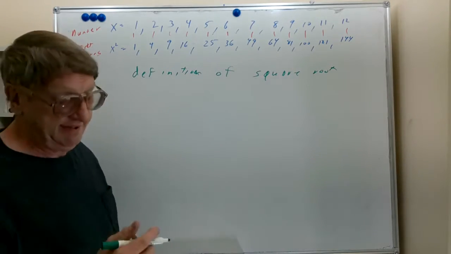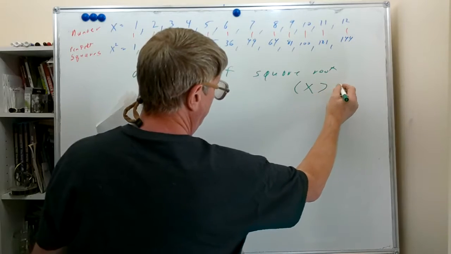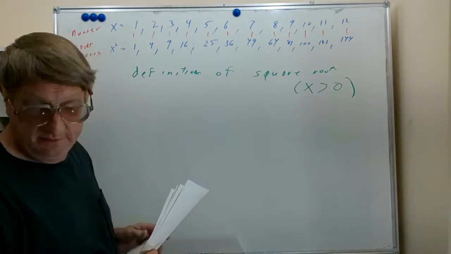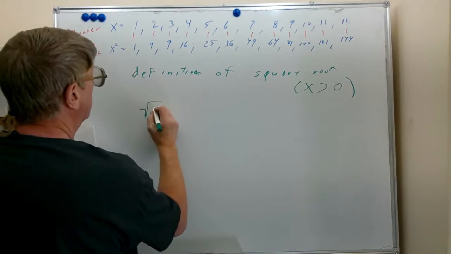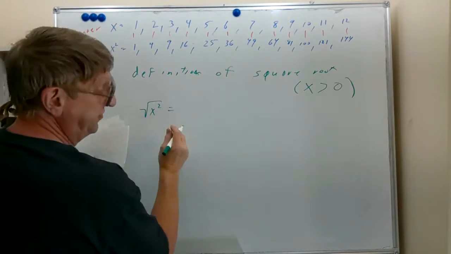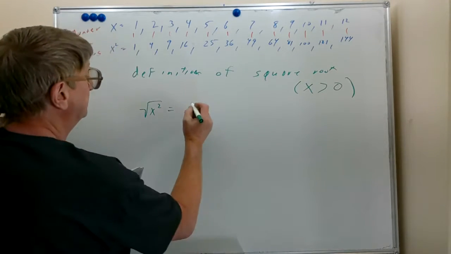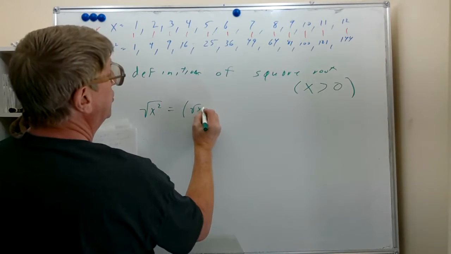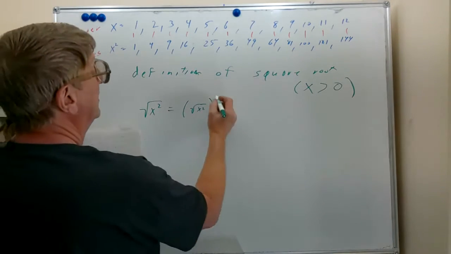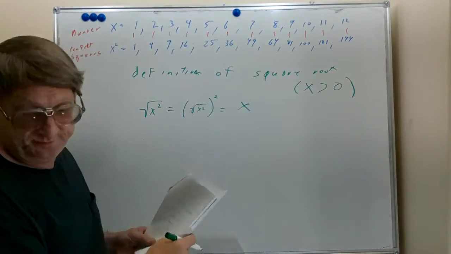It says, in cases where x is greater than 0 with positive square roots, the square root of x, squared, with the whole thing in parentheses, is equal to x.